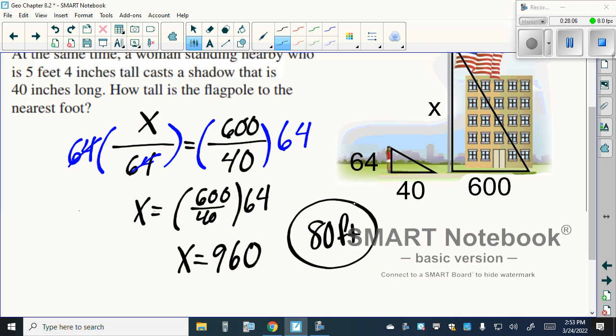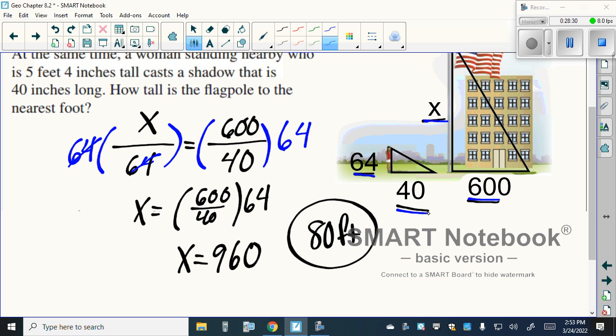Because what are we looking at? We're looking at a proportion, yes? So when we did it this way, we're comparing height to height and shadow to shadow. The way we did it the first time, I compared height to shadow and height to shadow. Am I still comparing the same type of proportions? Yeah.